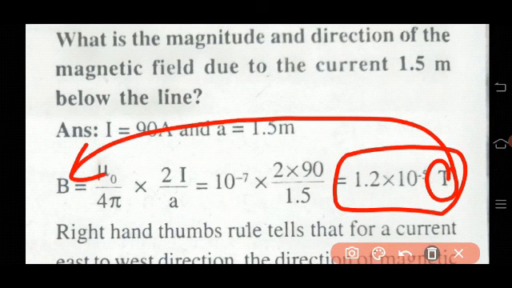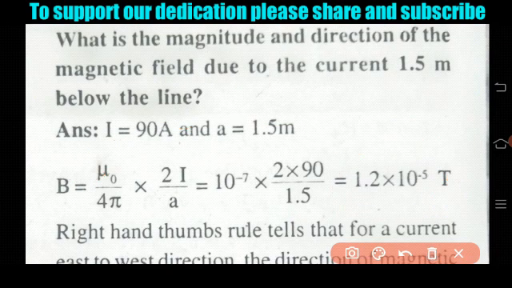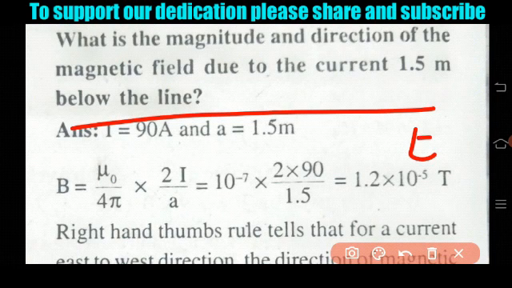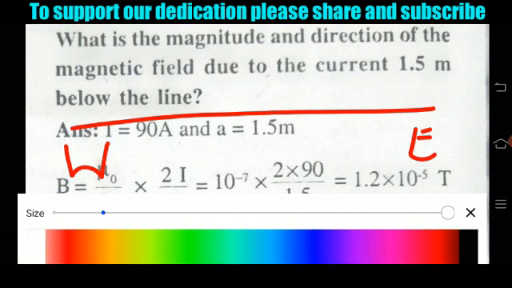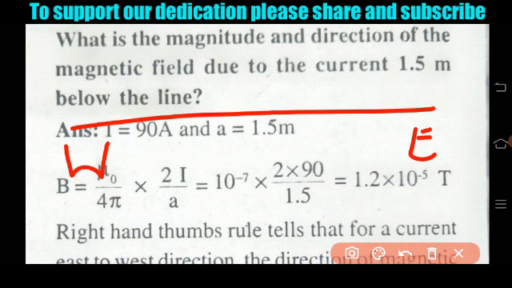Now we need to find the direction of the current. Just remember the diagram. This is the direction of east, west. Current flows from which direction? East to west.